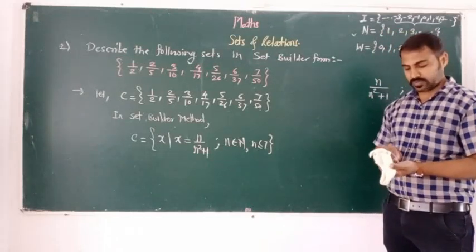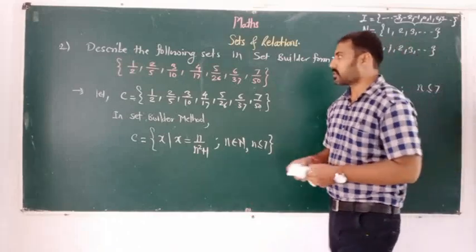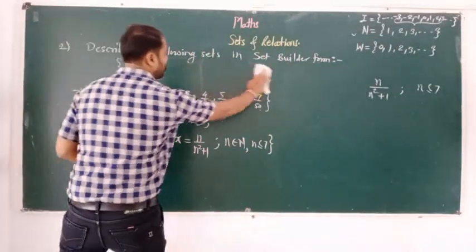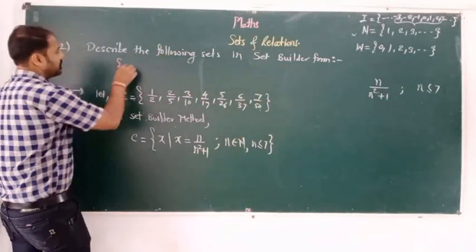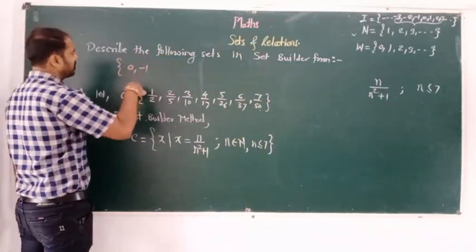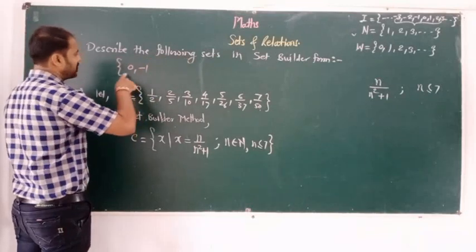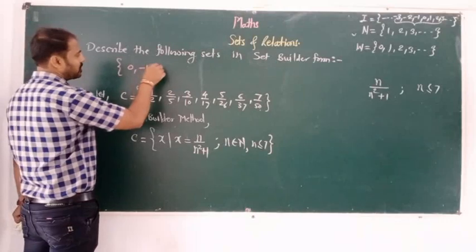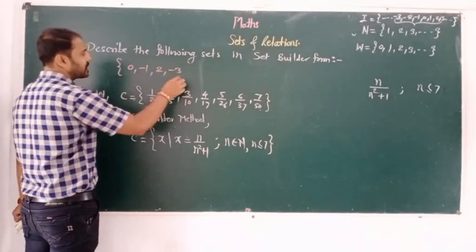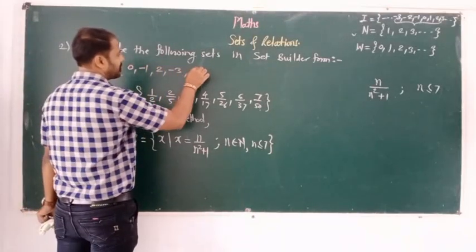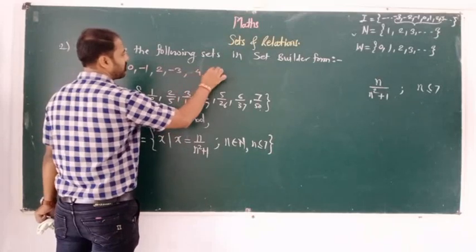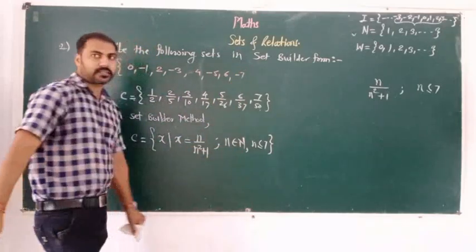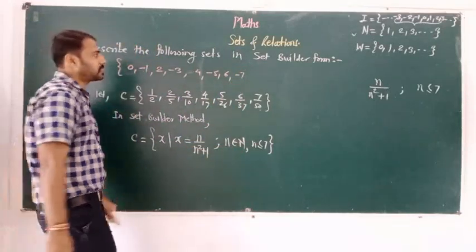Now moving to our next solution. Describe the set in set builder form: the set of elements 0, minus 1, 2, minus 3, 4, minus 5, 6, minus 7, and so on.